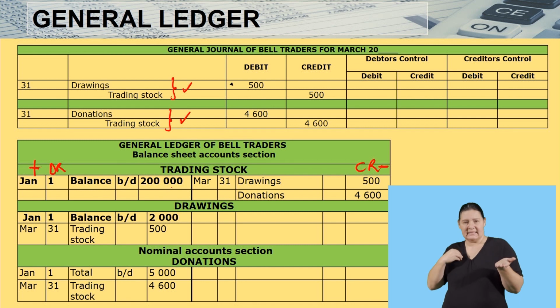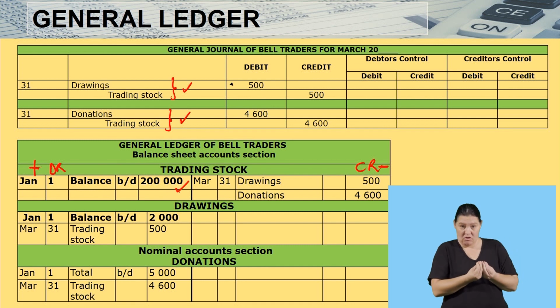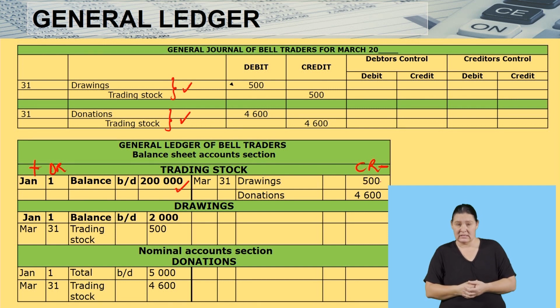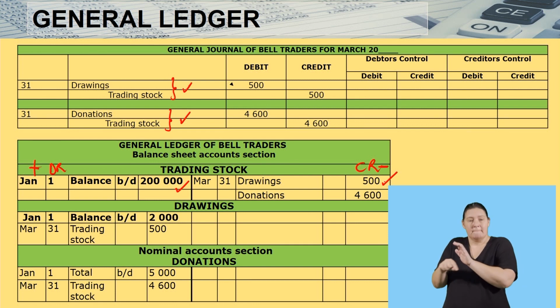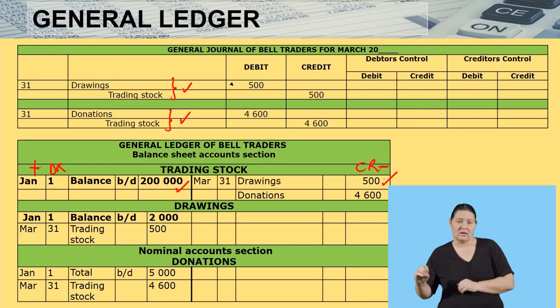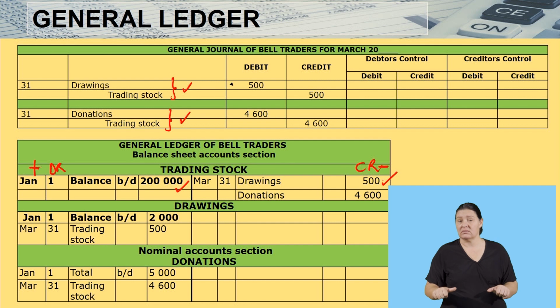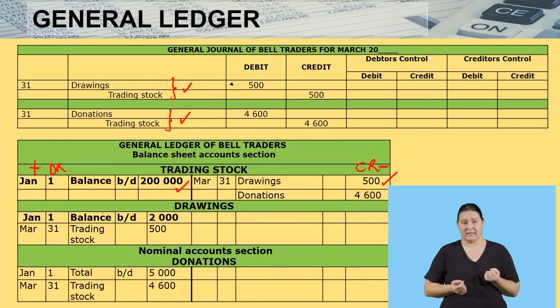So we had stock, which is a balance now, 200,000. The moment he takes goods for personal use, that is drawings, minus 500. We need to remember in accounting that we have to complete the double entry. That means another account must be created. In this case, we have drawings. All right? So I'm going to come here.